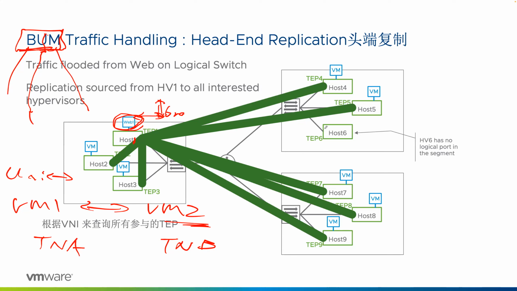Let's say in this case we have TEP 4, host 4, host 5, host 6, 7, 8, 9, and 1, 2, 3.